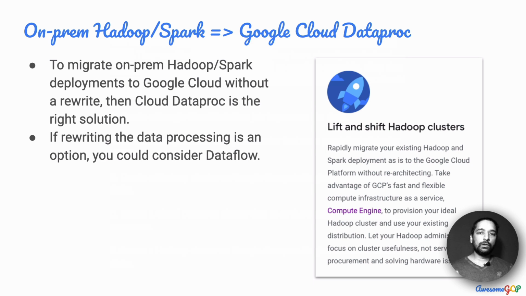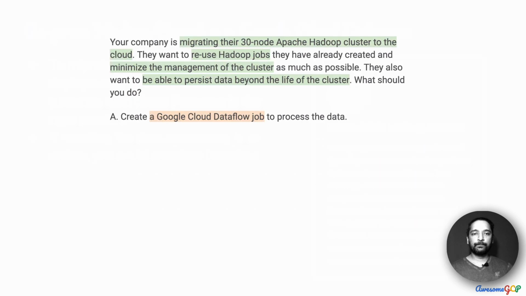This allows you to reuse the jobs that are already running on Google Cloud directly. If you did have an option to rewrite the data processing pipelines, then you should probably consider Dataflow. With that understanding, let's go look at each of the options.